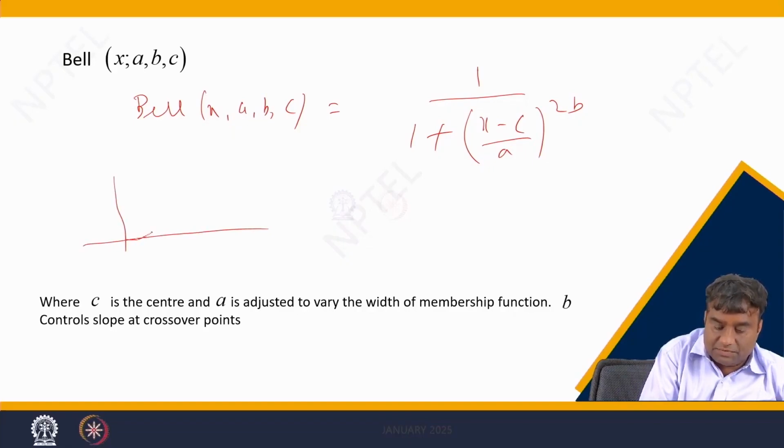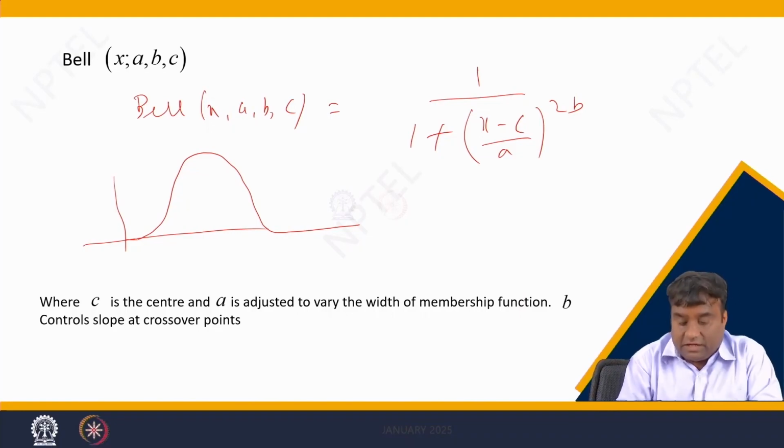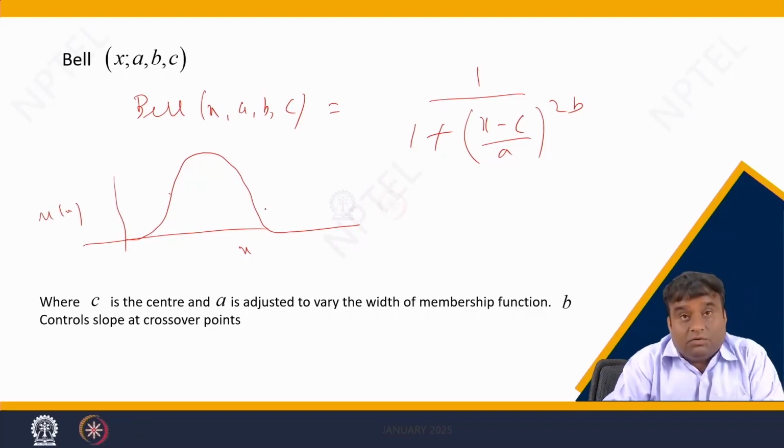The shape is a bell. Here c is the center, a is adjusted to vary the width, and b controls the crossover point, mu x like that. Suppose this is 0.5, so b controls the slope at the crossover points.